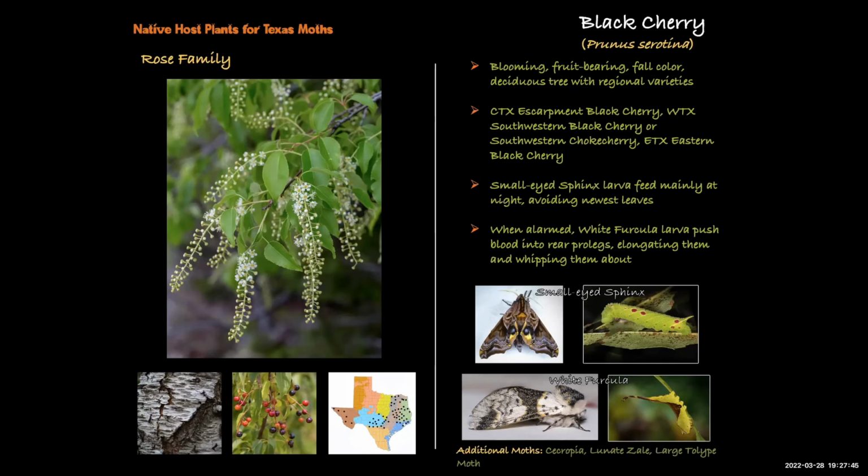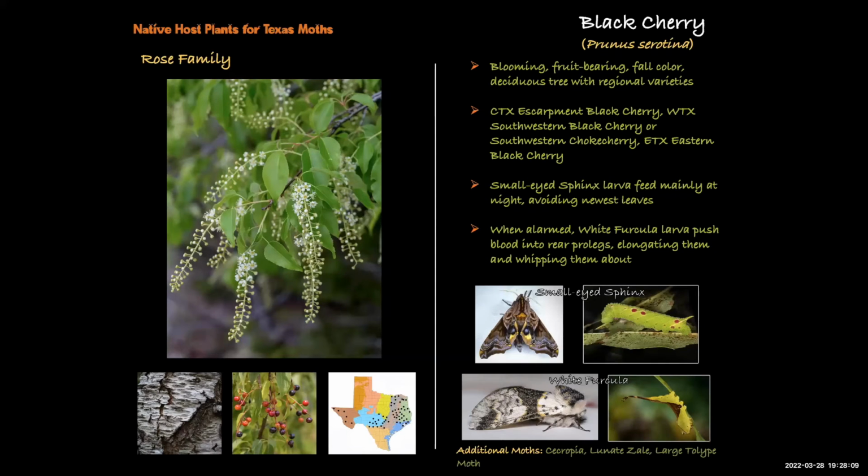The white furcula is another moth that has a really interesting defense mechanism. If you take a look at caterpillars, they have 6 real legs, and then behind that, they have these thicker things called prolegs that don't turn into legs when they turn into a moth or a butterfly. But they're used to stabilize the caterpillar when they're trying to eat vegetation.